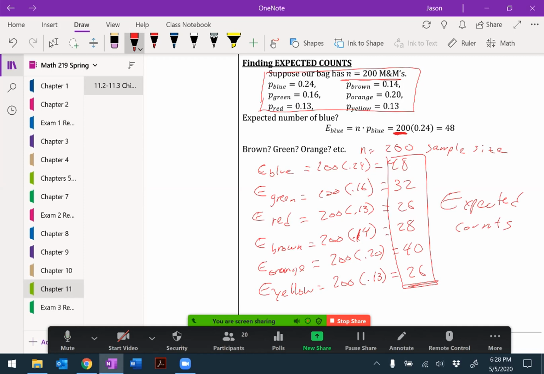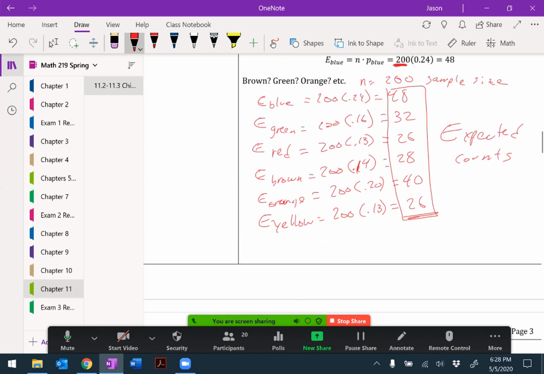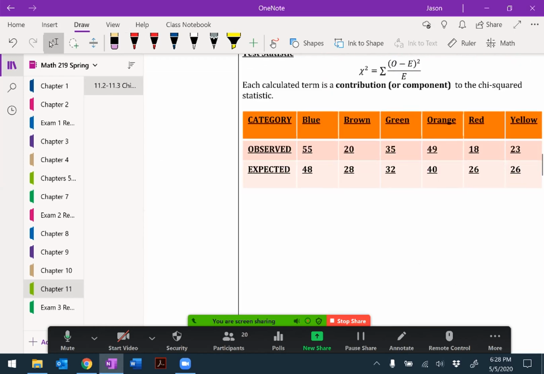On the next page, we have those expected counts in a table already for us. Isn't that nice? Here were the expected counts that we just calculated.